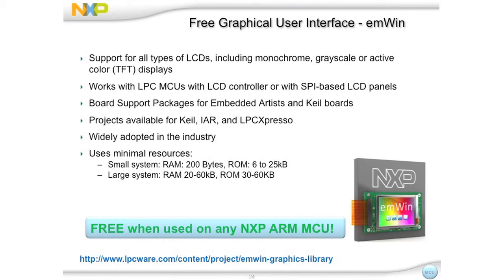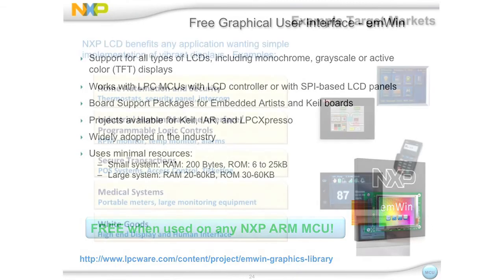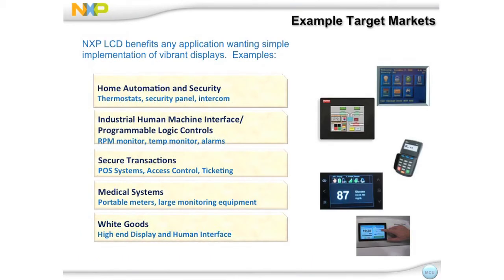And it's free if you use an NXP device. These are some examples of applications that are using emWin: washing machines, all sorts of home automation panels, white goods displays. And like I said, we have a number of demos out in the showroom where you can see emWin in action.